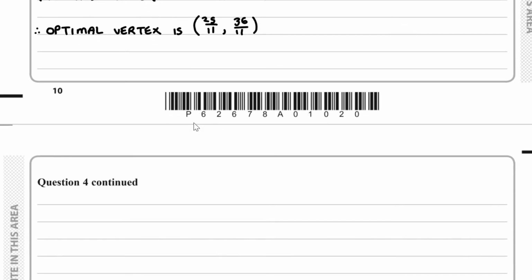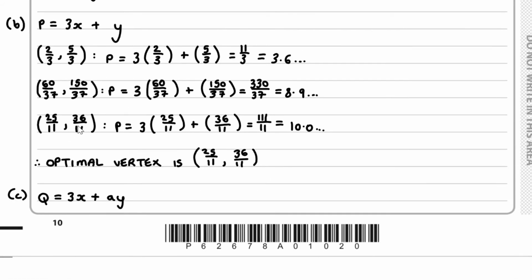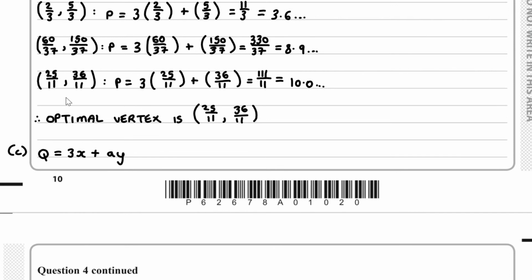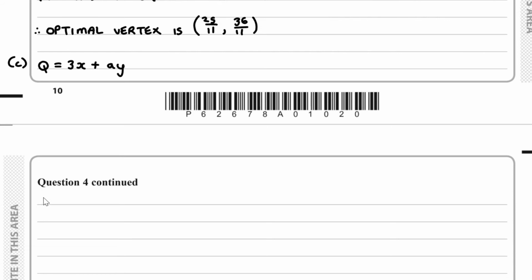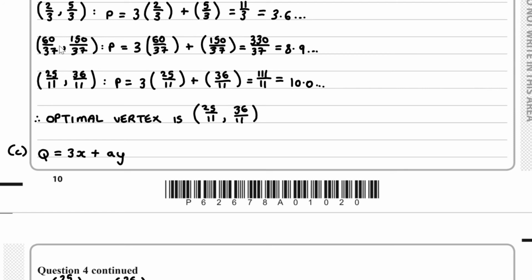So, for part C of the question, we begin with q equaling 3x plus ay, and if we substitute in the 25 over 11 and 36 over 11, we would have 3 lots of 25 over 11 plus a lots of 36 over 11, and substituting that coordinate in will give a larger value than substituting in this coordinate or this coordinate.